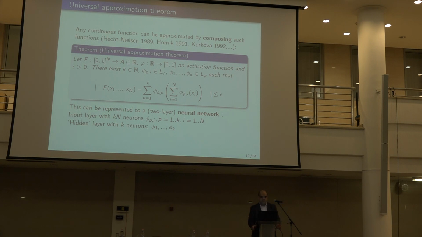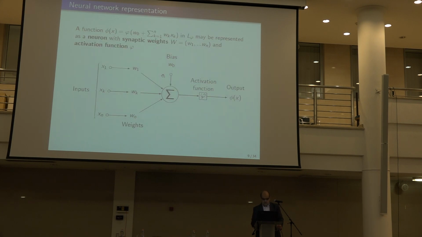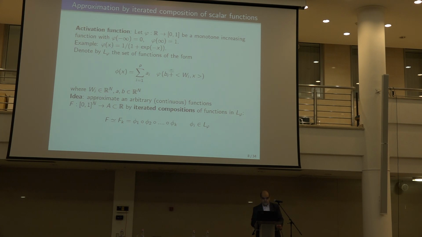This approximation theorem has many versions, and they keep improving. Here's one version due to Hornik and then Kurkova, Hornik, Nielsen. If you take an n-dimensional function and you fix an activation function, so you're not trying to estimate the activation function, the only free parameters are the weights in the neurons. Let me recall, L phi is one neuron, parameterized by some weights.